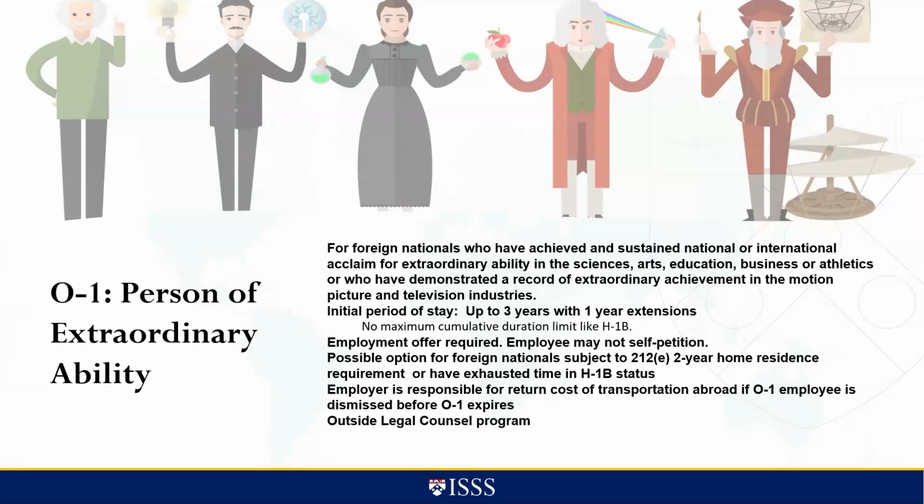Let's say you find an outstanding professor with very strong academic performance and background, with a lot of publications in very top tier journals, and you want to bring him in, and now H-1B is not the best option.